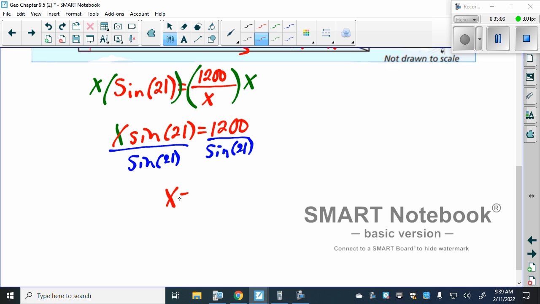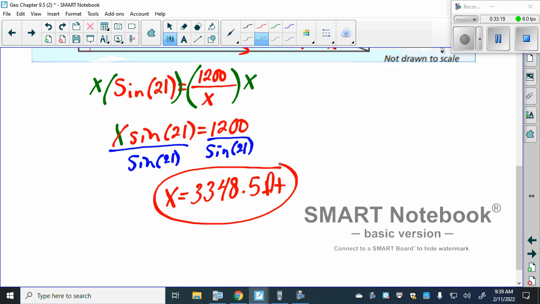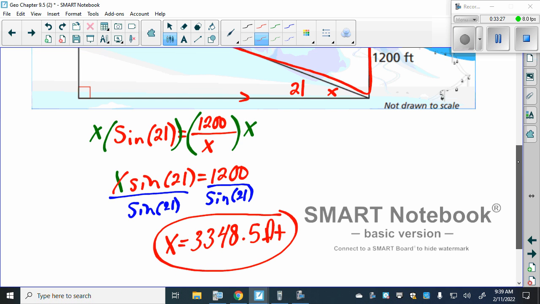And x is what? 33.48. And that makes sense because it is the hypotenuse, so we expect it to be the longest side length. And that's it.